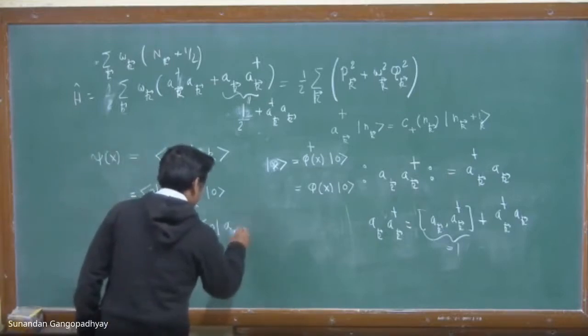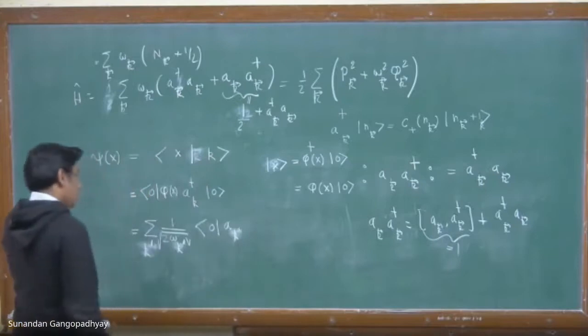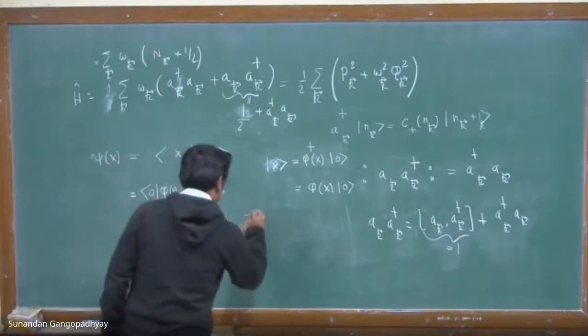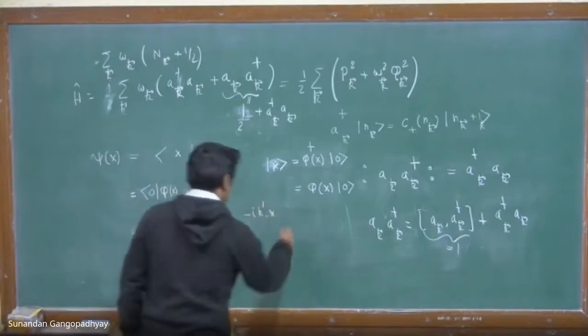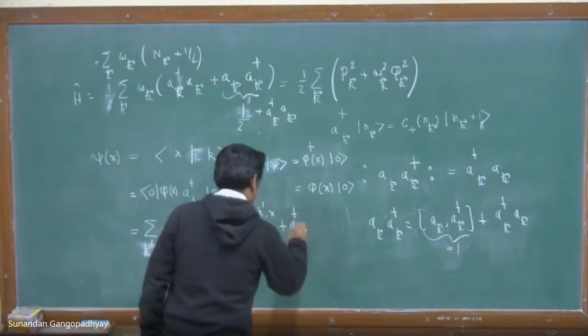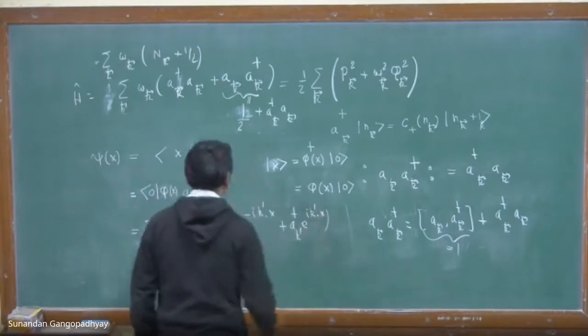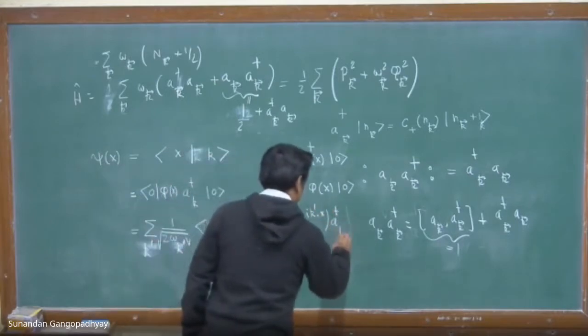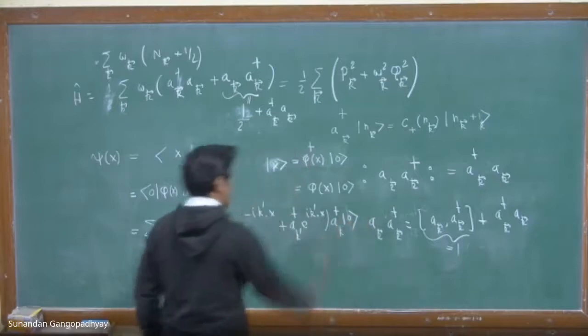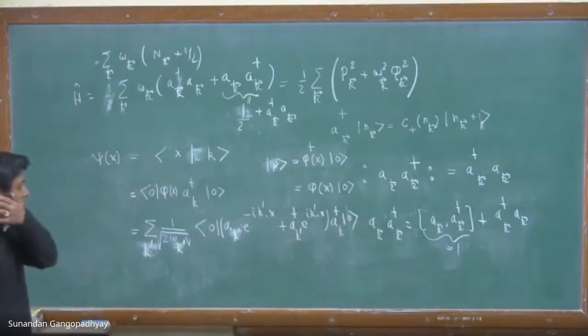Then we will have a k prime e to the power of minus i k prime x plus a dagger k prime e to the power of i k prime x, acting on a dagger k.